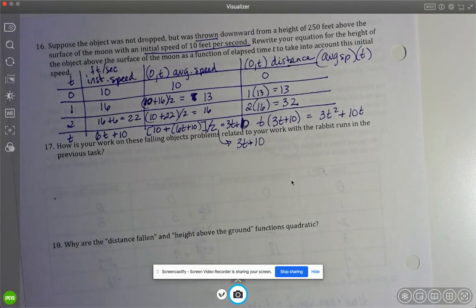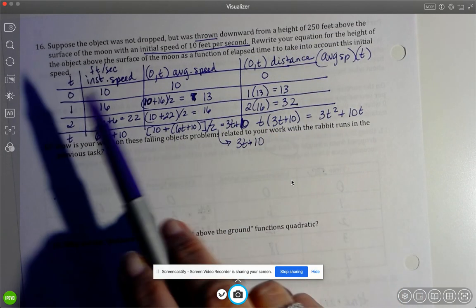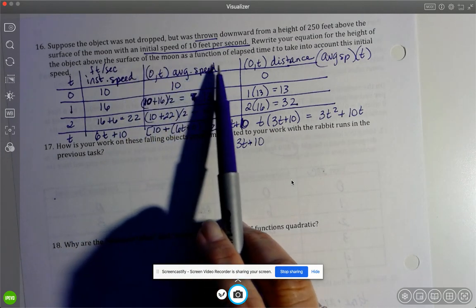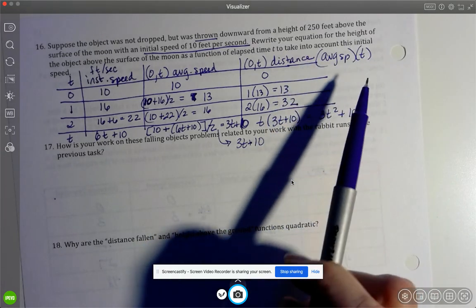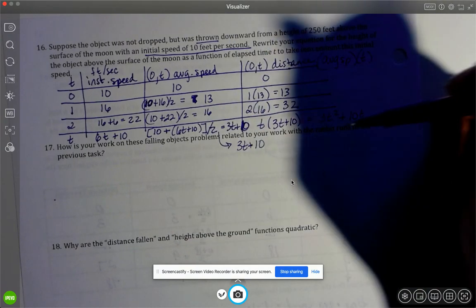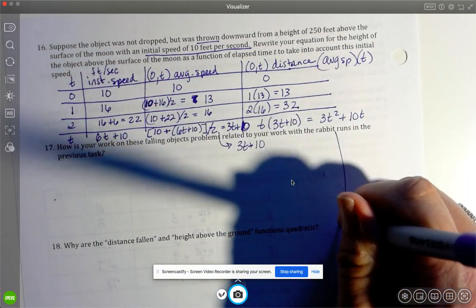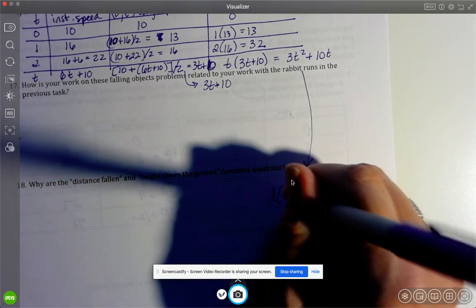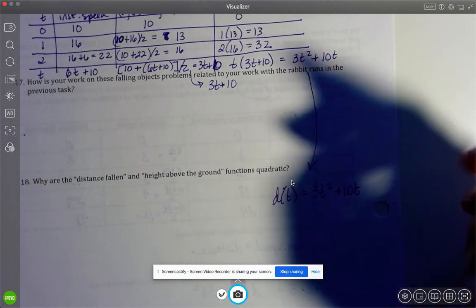So when it says rewrite your equation for the height of the object above the surface of the moon as a function of elapsed time t to take into account this initial speed, well, remember this is distance. I'm going to have to continue my work right here. This is distance of t, 3t squared plus 10t, right? That's my equation for distance.